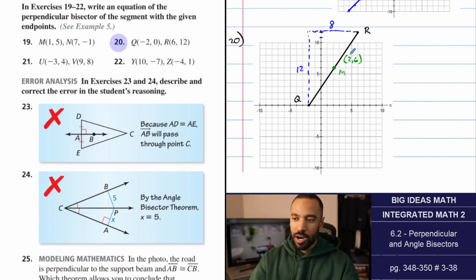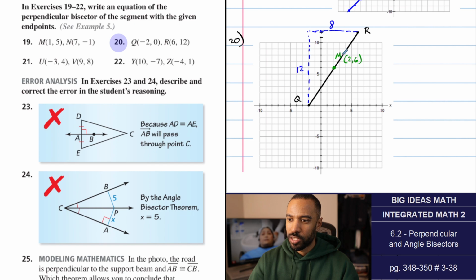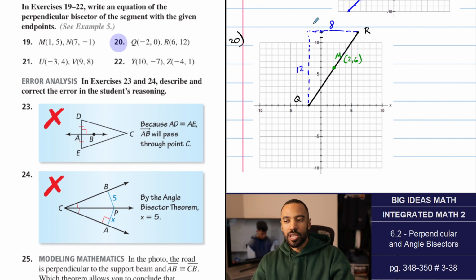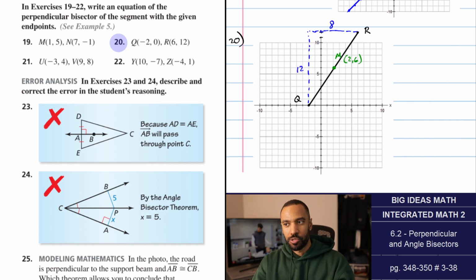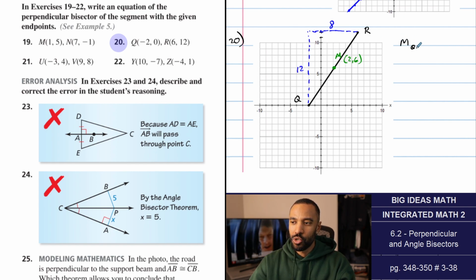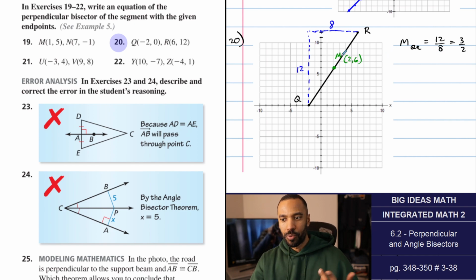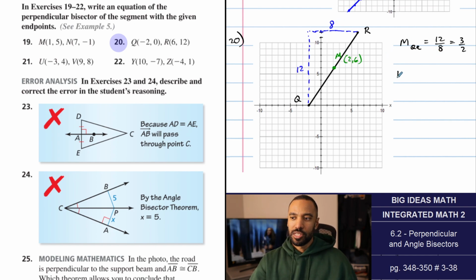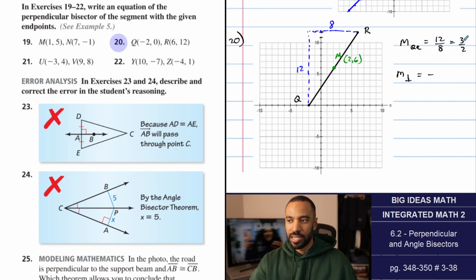Now, the next part, let me write M in a different spot because my line's going to go through there. The next part is talking about the opposite reciprocal slope. We can see that the slope of line QR is 12 over 8, but that can reduce to 3 over 2. Okay, up 3 over 2. That means the opposite reciprocal slope, you have to switch the sign to negative and flip this fraction to 2/3.